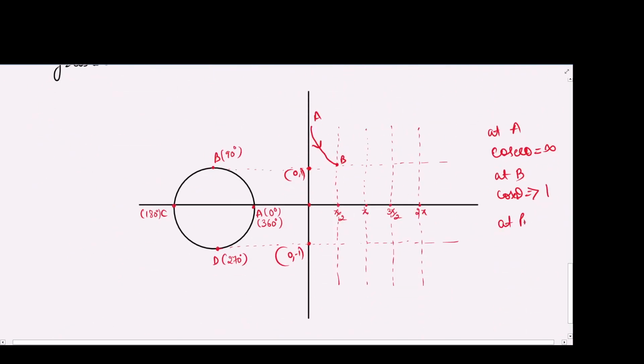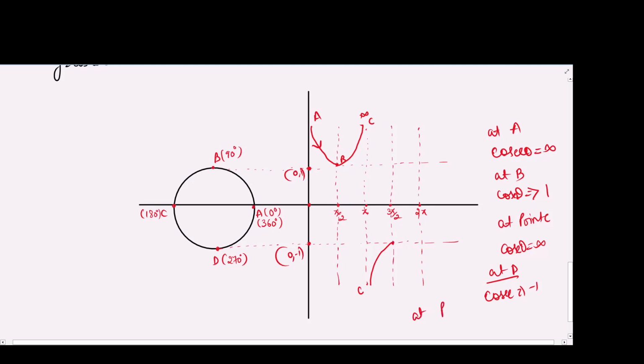At point C, cosec theta is infinite. So again from B to C, the value of cosec theta increases to infinity. This is infinite. This is point C. At point D, theta is 270. Cosec theta is minus 1. So from point C, it will decrease from infinity to minus 1. This is minus 1.